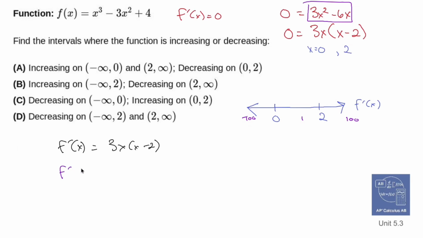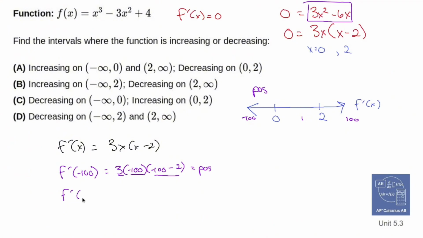F prime of negative 100 is going to equal 3 times negative 100 times negative 100 minus 2. A negative times a negative is a positive, times a negative is going to equal a positive. I don't care about the number, I just care about what sign I get. And so this interval right here is going to be positive.